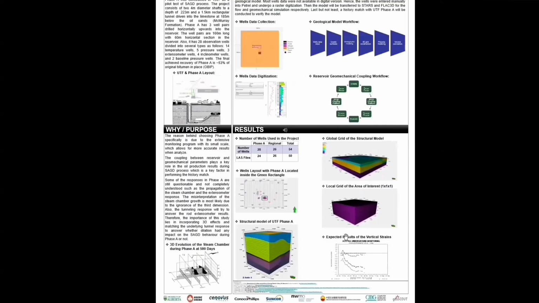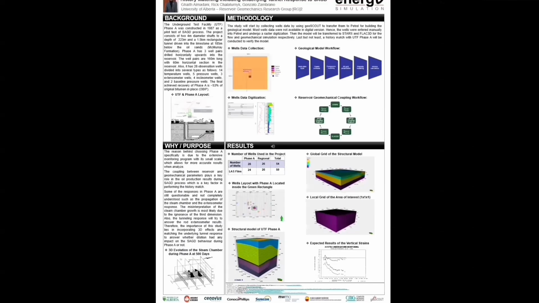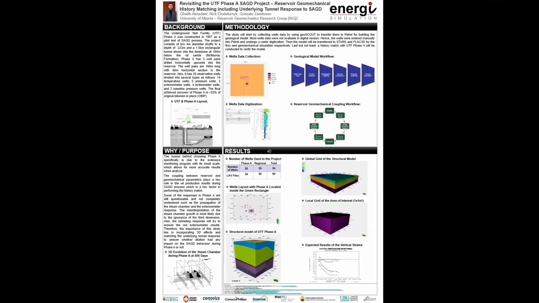So the upcoming work will be on the property modeling, which will allow us to distribute the properties of the reservoir. And after that, we will move to scale up the well logs to move forward to the volume calculation, and that will wrap up the geological model.